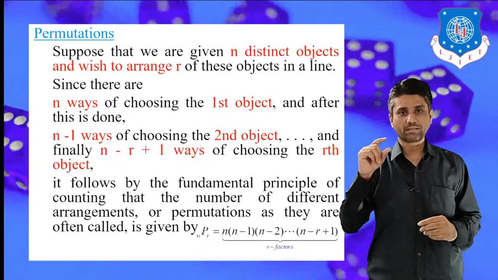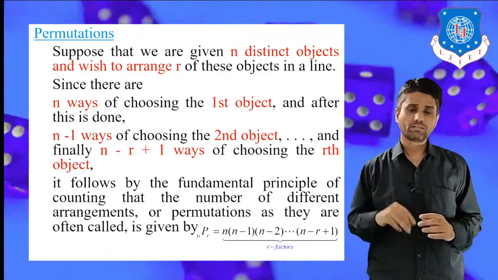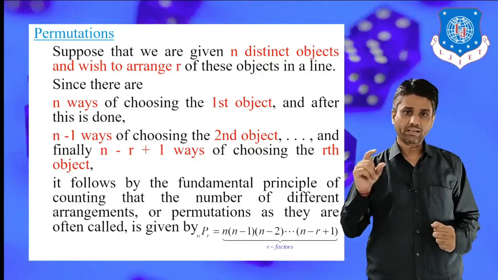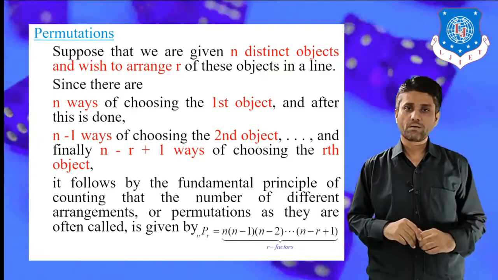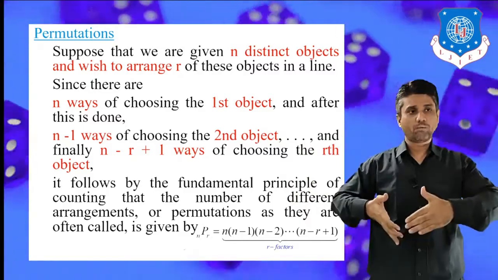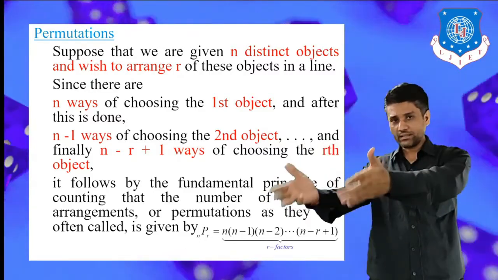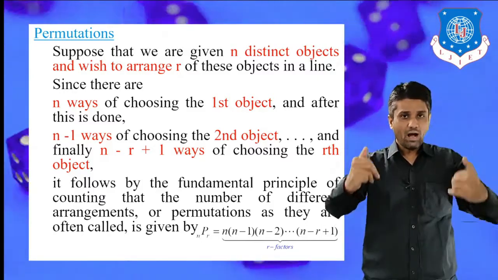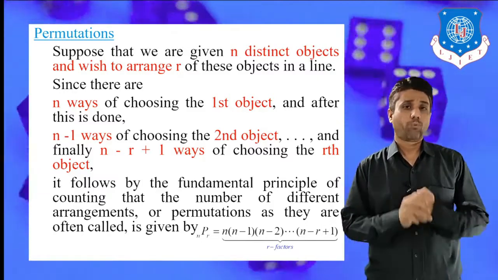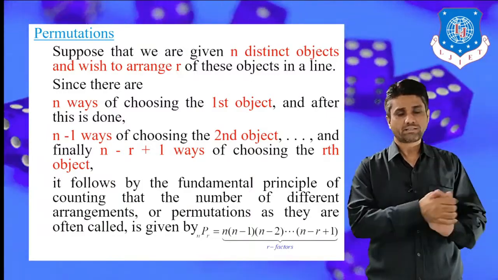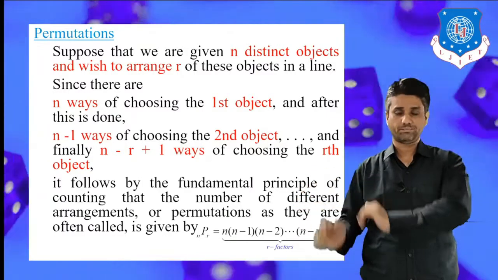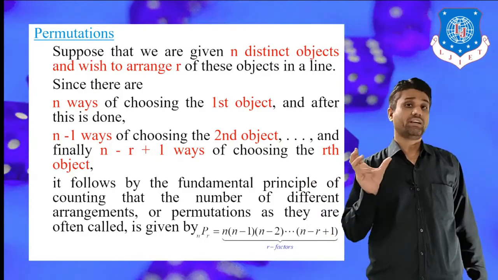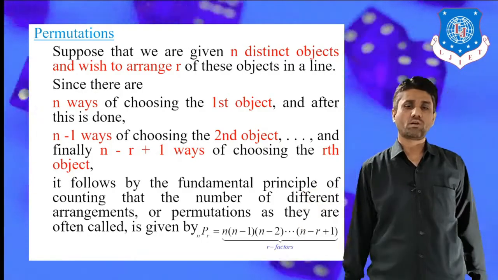The first term, n, represents the possibility of drawing the first object. The second term, n minus 1, represents the possibility of drawing the second object. The third is n minus 2, and we want to draw r objects, so the possibility for the rth object is n minus r plus 1. Carefully seen, this expression has a total of r terms, so it is sometimes also called the r factor.